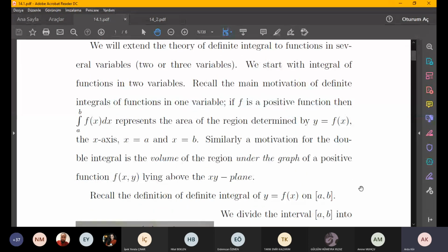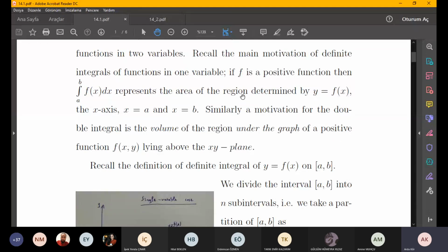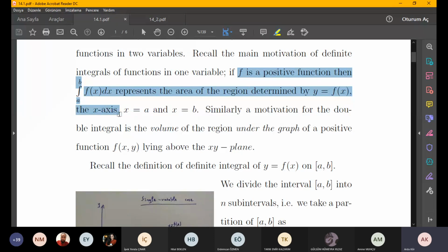If you remember, if f is a positive function, then the definite integral from a to b of f(x) represents the area of the region determined by y equals f(x), the x-axis, and the lines x equals a and x equals b.